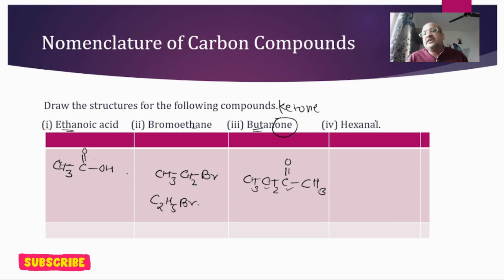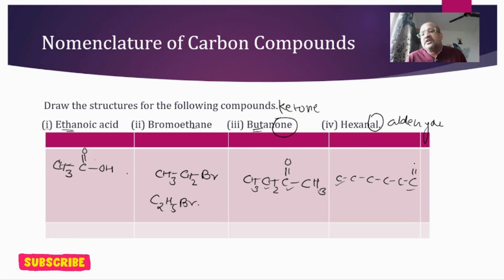Then you have hexanal. Al is for my aldehyde. So what you will do here? Hexane: 1, 2, 3, 4, 5, and 6. 6 carbons I will put. Aldehyde, we know it comes on terminal. It may come on this carbon or this carbon.